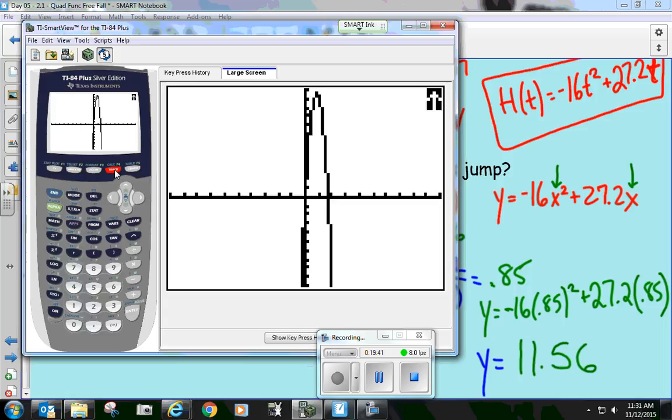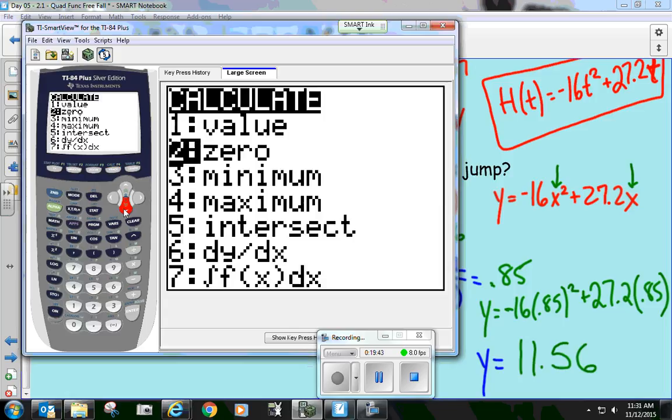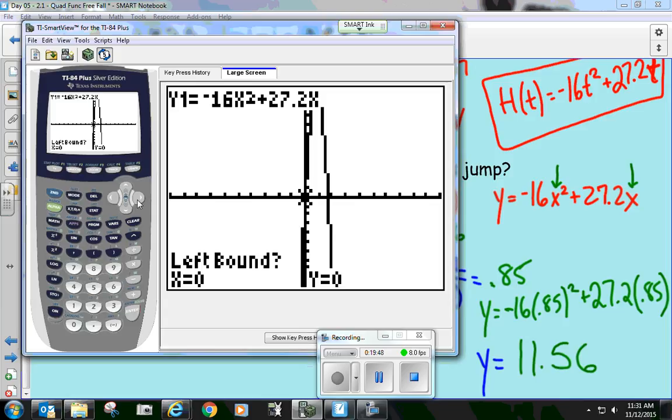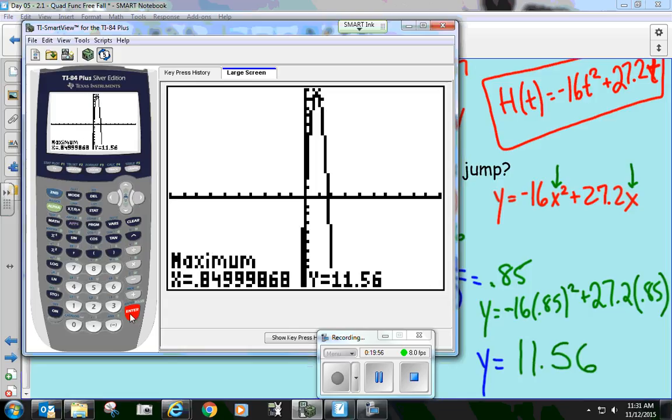Let's calculate the max function, which is choice 4. Enter on the left. Enter on the right. Enter one more time. 0.85, 11.56. Perfect. Perfect math, guys. Good job.